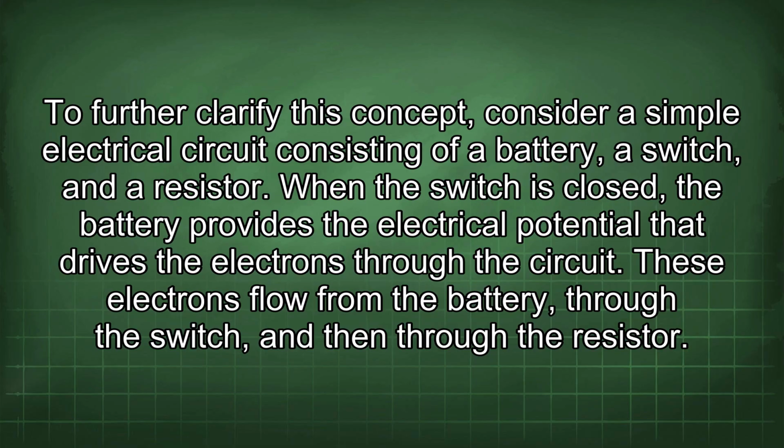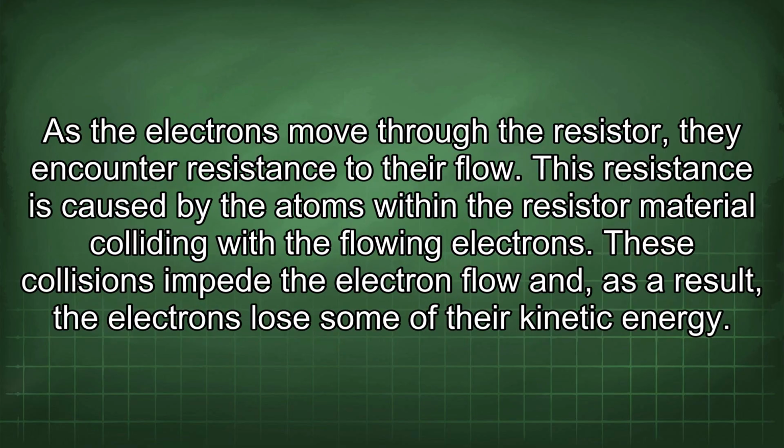To further clarify this concept, consider a simple electrical circuit consisting of a battery, a switch, and a resistor. When the switch is closed, the battery provides the electrical potential that drives the electrons through the circuit. These electrons flow from the battery through the switch and then through the resistor. As the electrons move through the resistor, they encounter resistance to their flow.